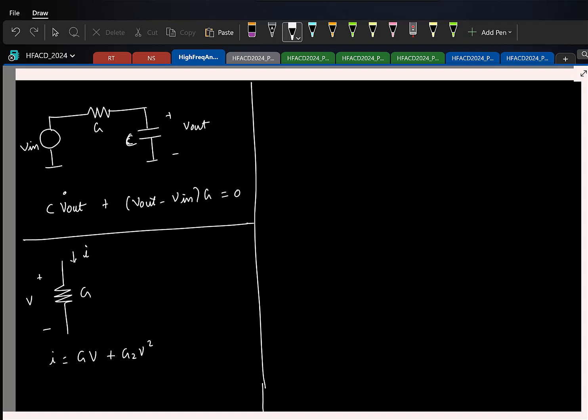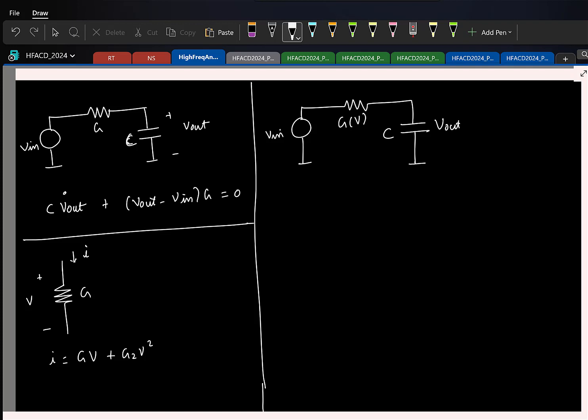So this is a nonlinearity in the resistor. So let's see in presence of this what will happen. So this is V in, this is basically G of V, V out and C.